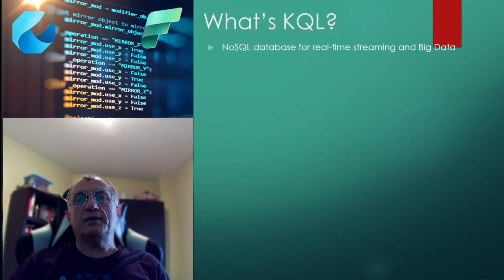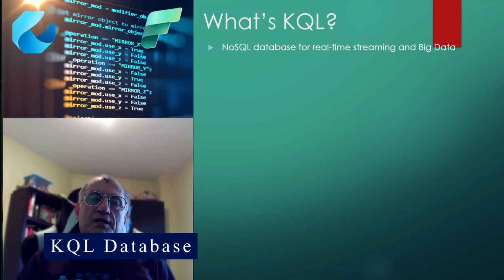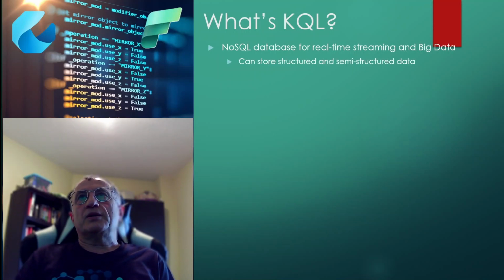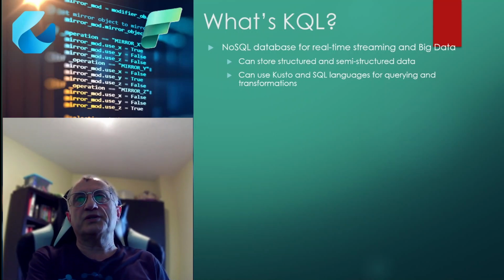What is KQL? KQL is a NoSQL database that allows you to store and process real-time streaming as well as big data in Microsoft Fabric. So it can store both structured and semi-structured data like JSON. It can use Kusto and SQL languages for querying and transformations.